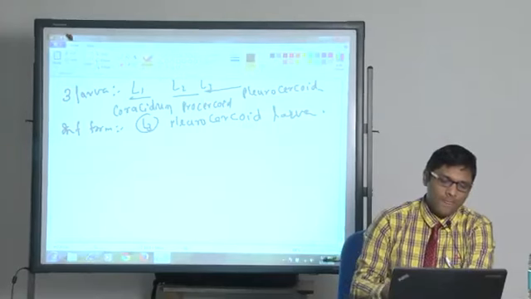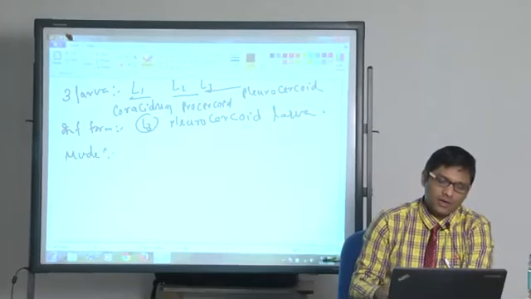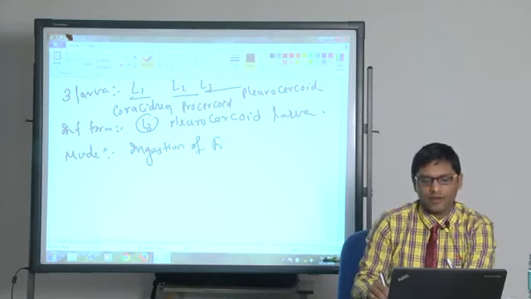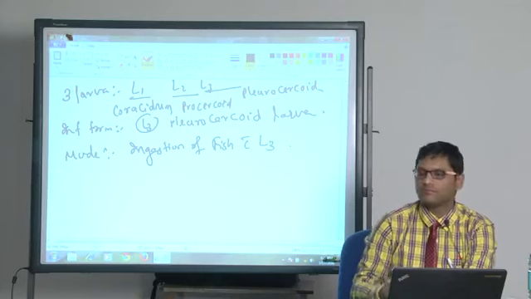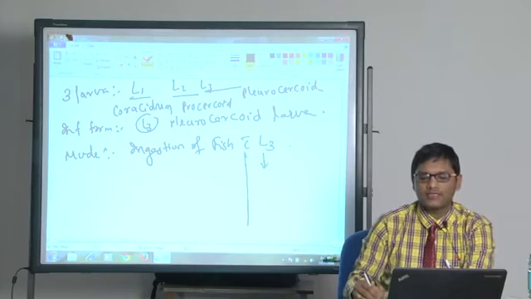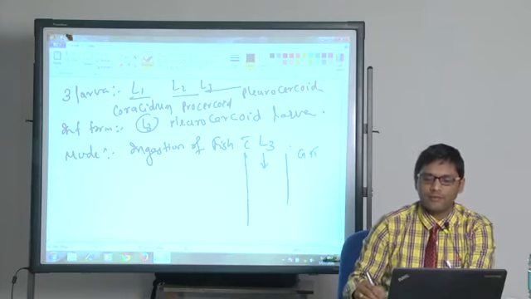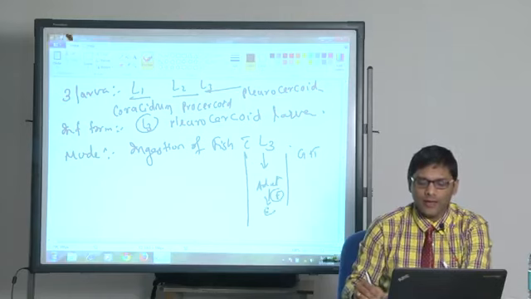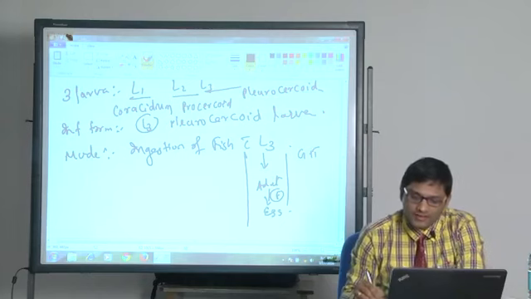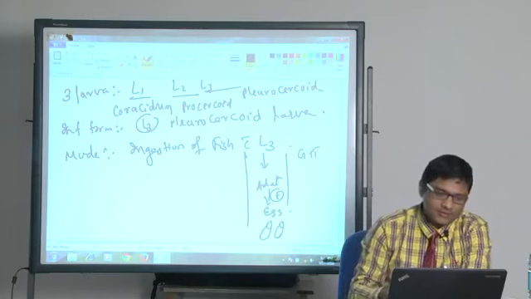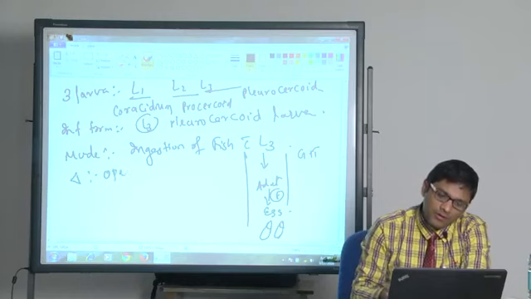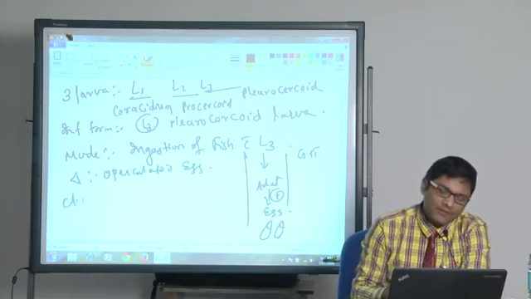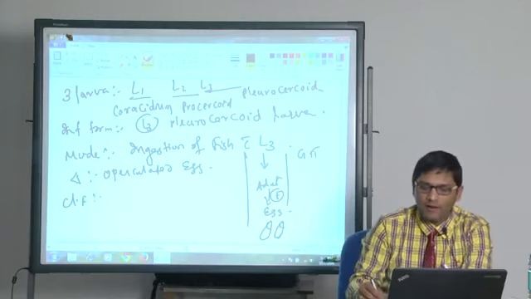So, the mode of transmission is ingestion of fish containing L3 larva, and this L3 larva inside the GIT will become an adult. The adult undergoes fertilization to produce eggs, and the diagnostic form is the typical operculated egg. The main clinical feature is due to the adult form.